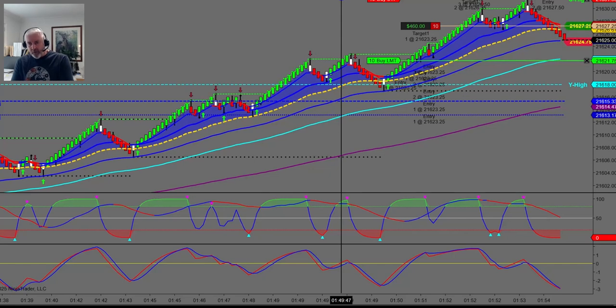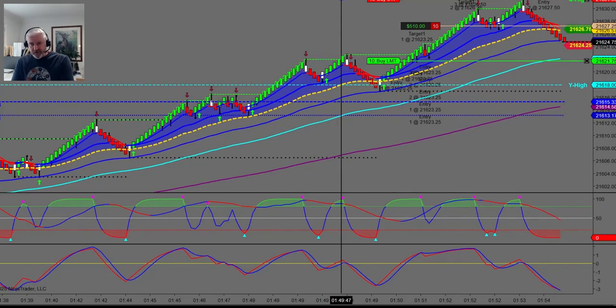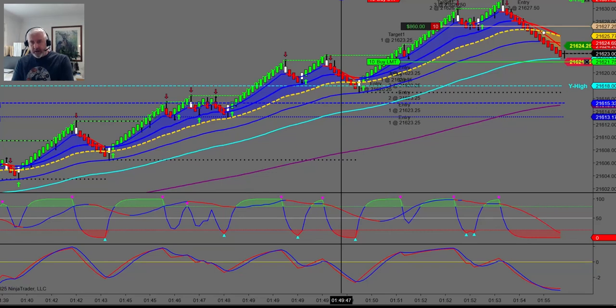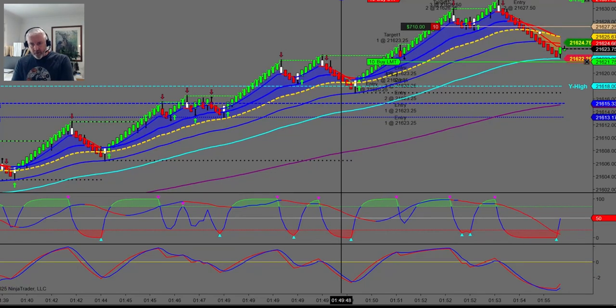Now remember, before I said we want to keep a close track on where our 89 EMA is. See that there, they become price magnets, and sometimes I was pushing my luck here. See where my target is? It's under the 89 EMA.